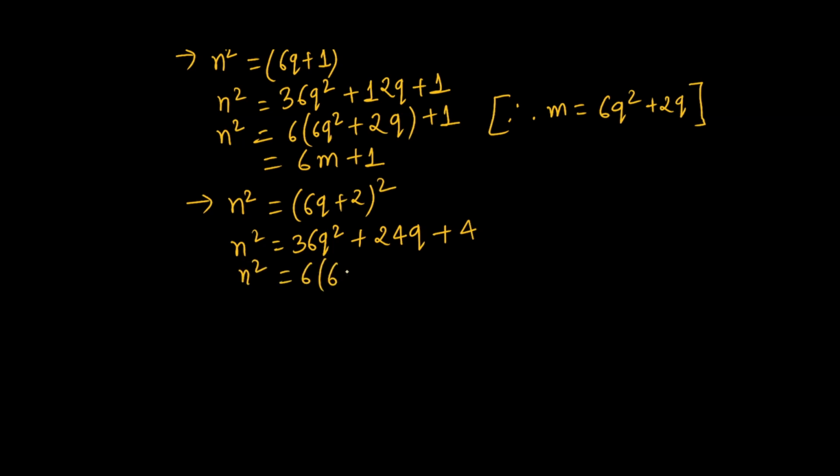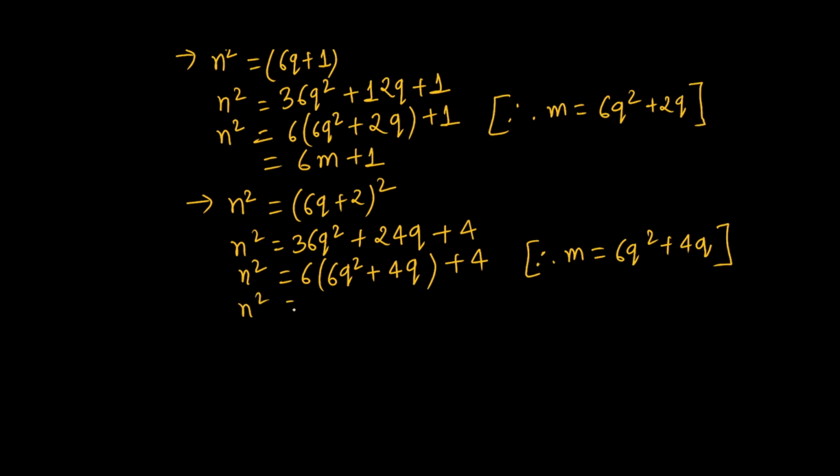So 6q square plus 4q plus 4. So we don't need 2 and 5. So hence m is equal to 6q square plus 4q. So we can write n square is equal to 6m plus 4.